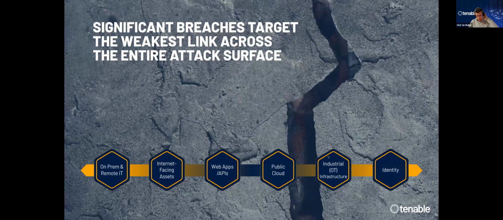If you look at the entire attack surface, attackers will always go for the weakest link. So that's on-prem IT, your web servers facing the internet or any device facing the internet, web applications, public cloud. These are the silos we're looking at.